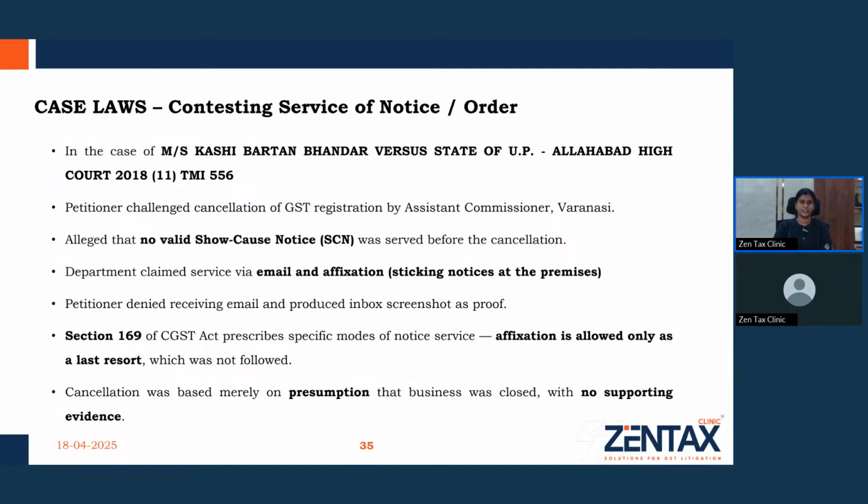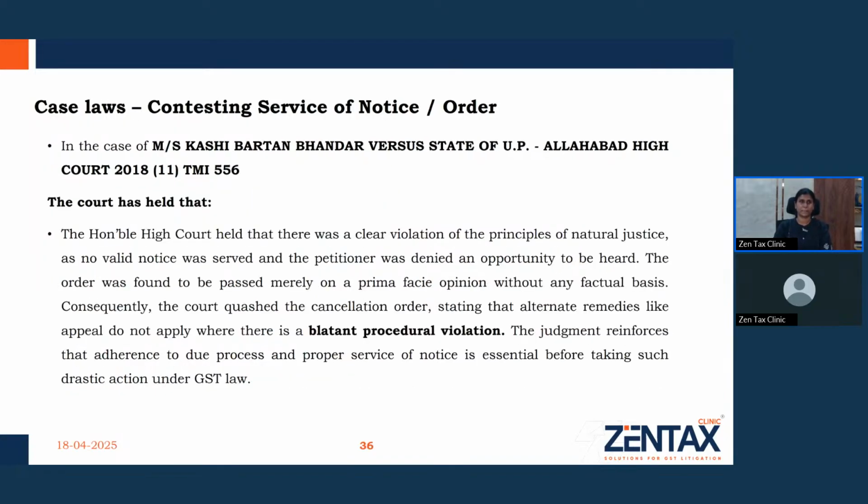Here, the cancellation was made merely on presumption that the business was closed, without any actual evidence. The Honorable High Court has held that there was a clear violation of the principles of natural justice because the petitioner was not given any opportunity of personal hearing. The order was also passed merely on a prima facie opinion without any factual basis.